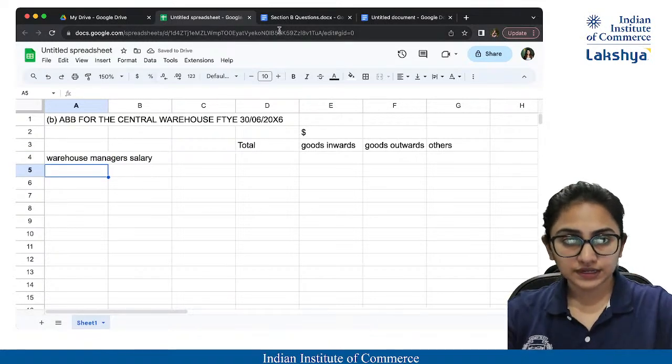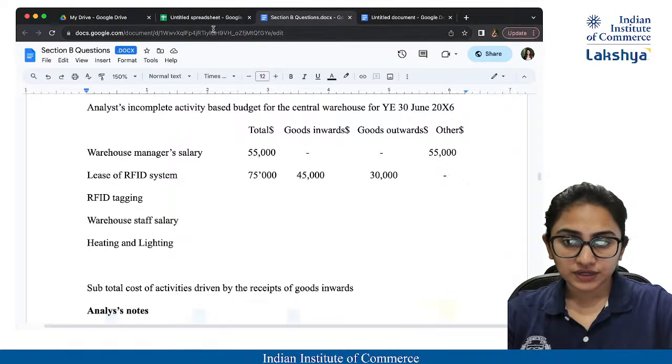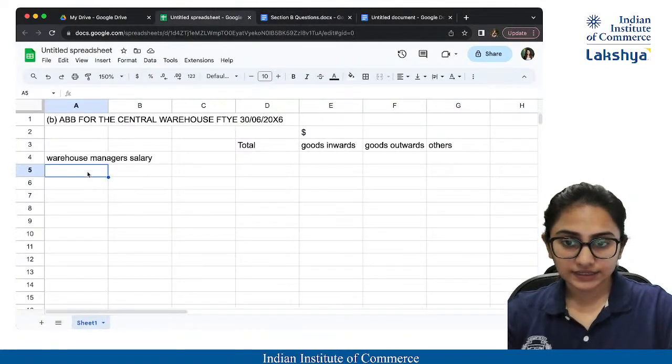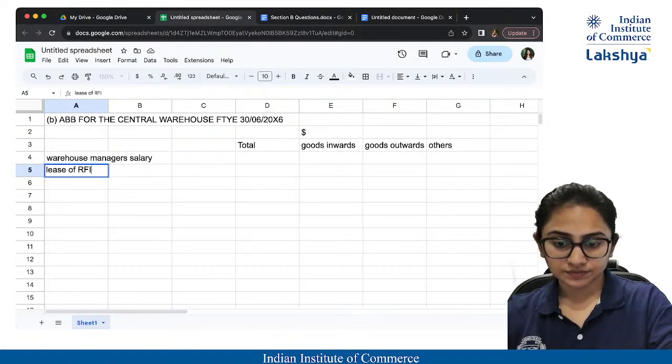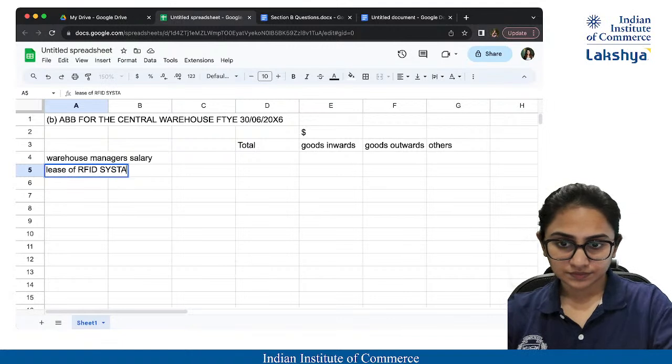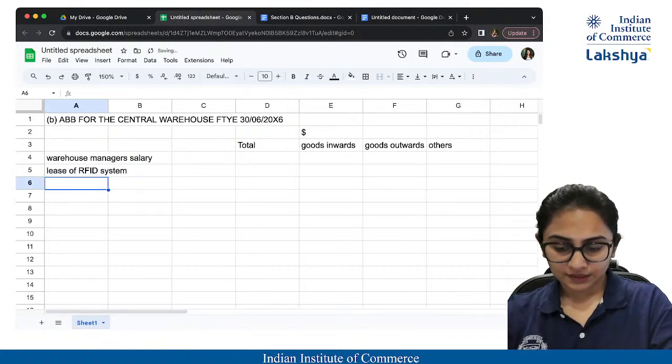Then the second one is lease of RFID. Third is RFID tagging.